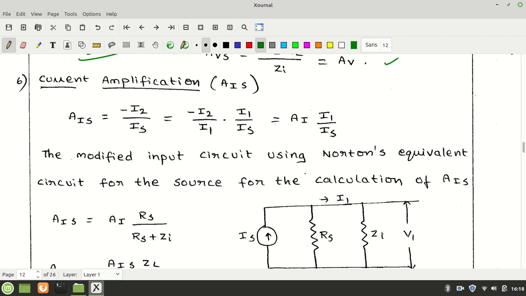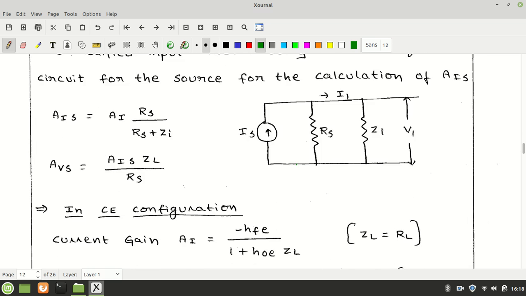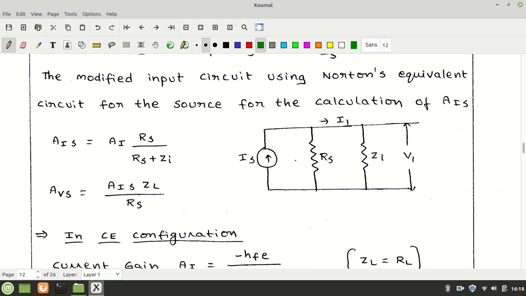Similarly, the overall current amplification will also be different from AI. You can calculate this similarly, but here you should consider the Norton equivalent circuit of the input in place of Vs. Vs and Rs are in series, but its Norton equivalent is Is current source with Rs in parallel. The same input terminal is drawn, but with Vs replaced by the Is current source.